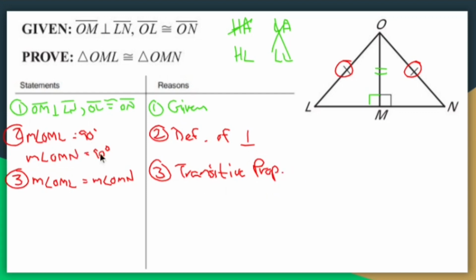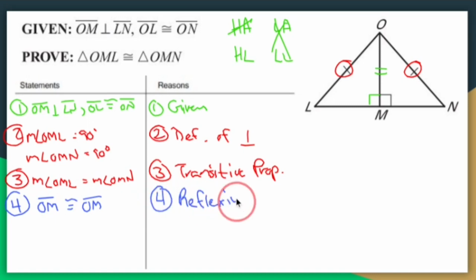You have to show that they're 90 degrees, and then you have to show that they're equal. And now that they're equal, you're in good shape. Now, what I can say is OM is congruent to OM by the reflexive property. Whenever you say that two lines are exactly the same, because they are the same, you're using the reflexive property.